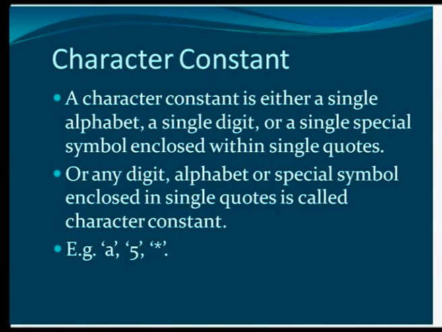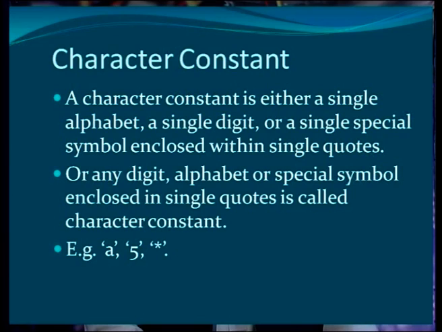For example, 'a', small a enclosed in single quote is a character constant. Similarly, though 5 by itself is a digit, now 5 is enclosed in single quotes, therefore it is considered as character constant. Similarly, star, asterisk, is a symbol enclosed in single quote and is considered as character constant. The length of character constant is one symbol.